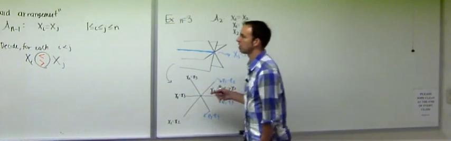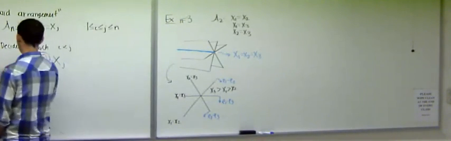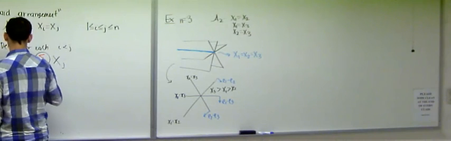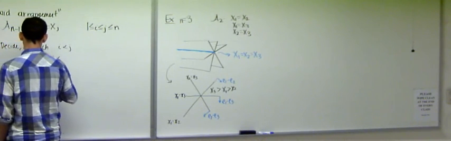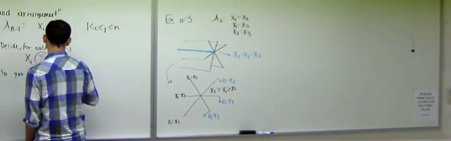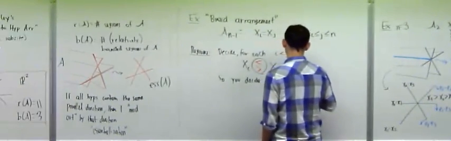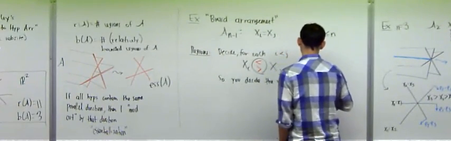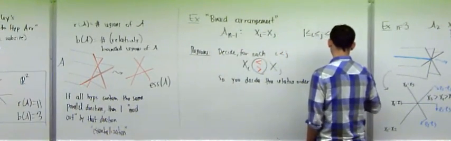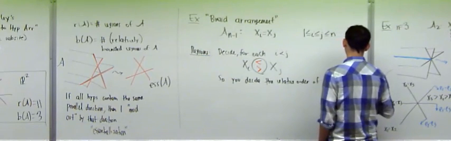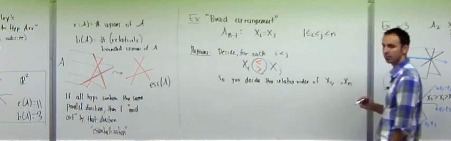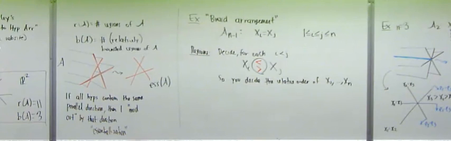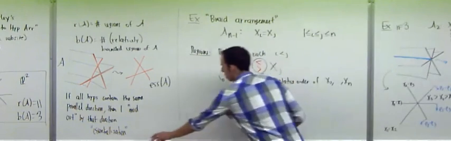Okay. So what you're doing is, you decide the relative order of x1 up to xn. Okay. Let me do this with another color.